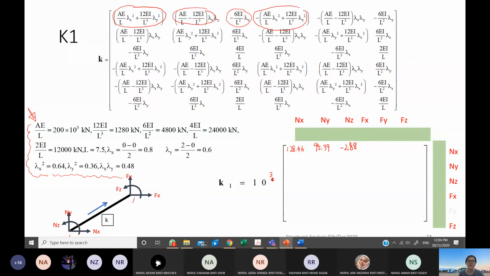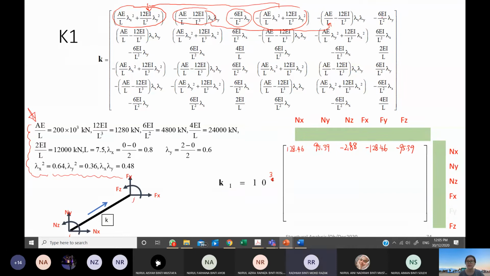So next, this one. This is basically the same as this one, right? You can see that we only applied negative. So we will continue to put in 128.46 but in negative. Similarly, this one will be the same as this one, so negative 95.39.